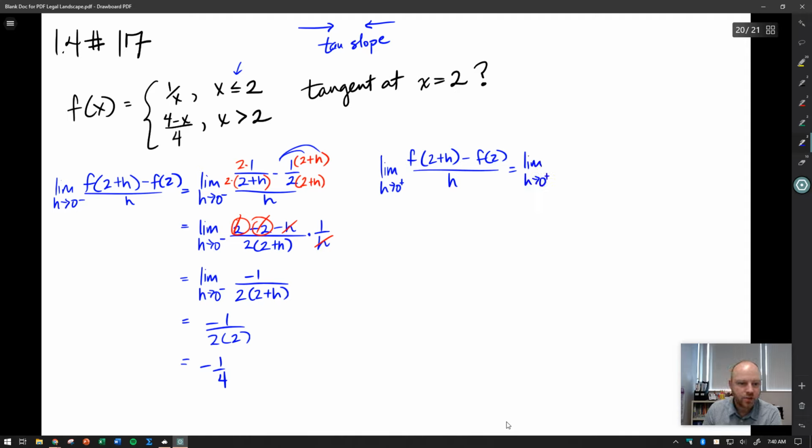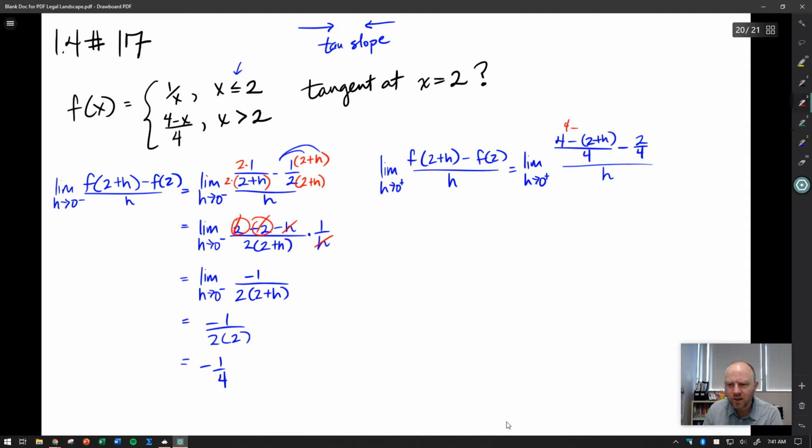We put 2 plus h into this function, we get 4 minus the quantity 2 plus h, and that's all over 4. Minus, we plug in a 2, 4 minus 2 would be 2 over 4, and I'm going to leave it as 2/4 rather than call it 1/2. That way I don't have to find a common denominator. Put all that together, and then this is all over h.